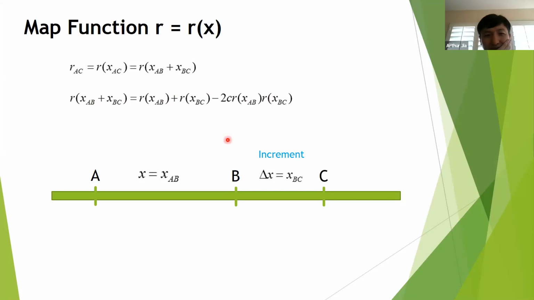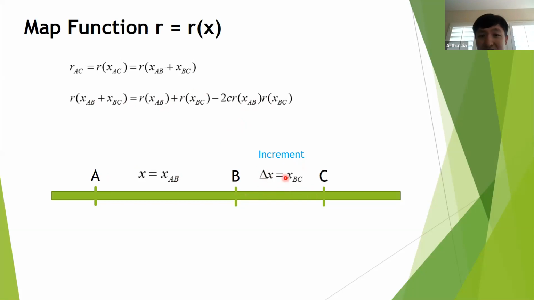So now let's define X equals XAB, the distance between A and B, and we treat the distance between B and C as the increment, and we use delta X. This is a little bit related to algebra.